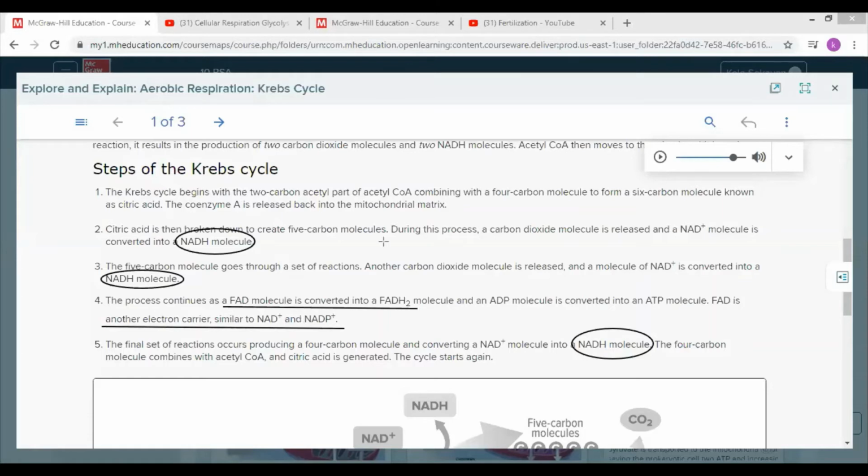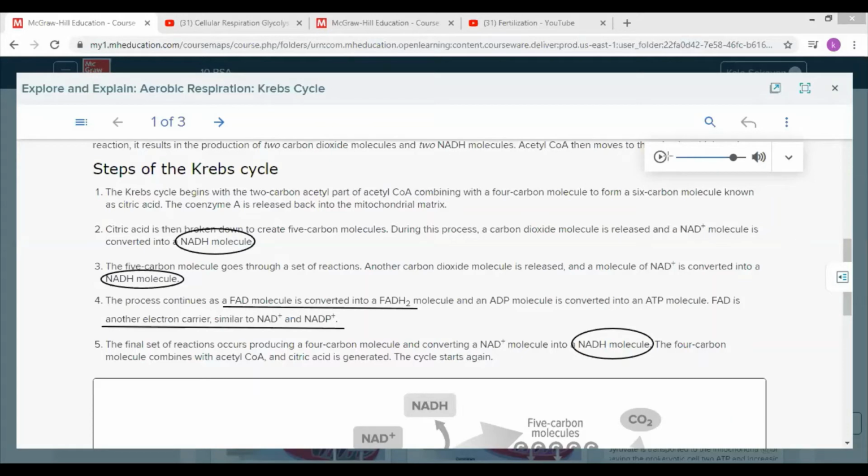So 3 NADH molecules during the Krebs cycle per pyruvate, or a total of 6 NADH molecules during the Krebs cycle, and 1 FADH2 per pyruvate, or a total of 2 FADH2 per glucose, or total will be 2 FADH2 for the whole cycle.